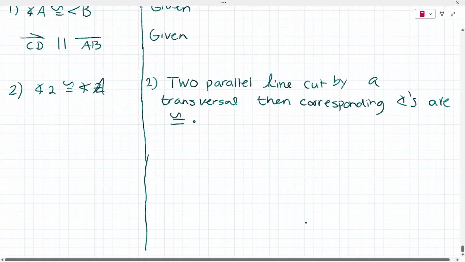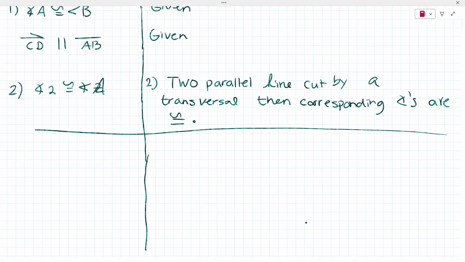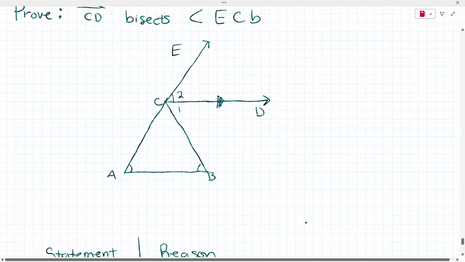What else can we say? We can also say angle 3 or angle 1 is congruent to angle B. Here's 1, here's B. So these two angles are congruent.